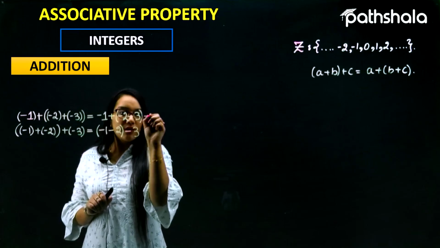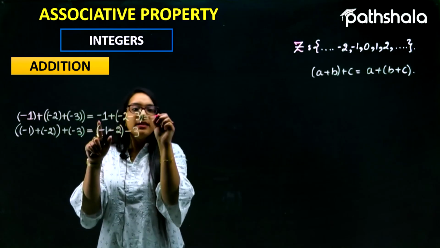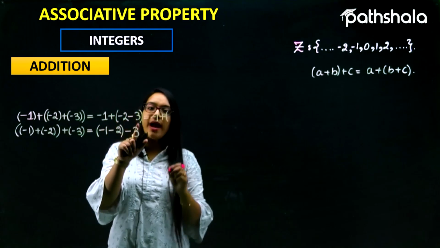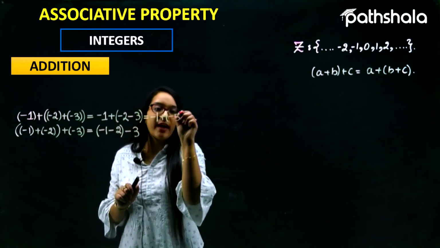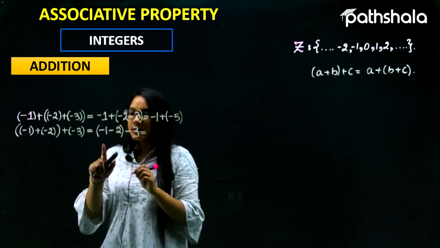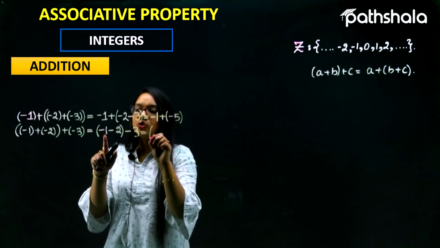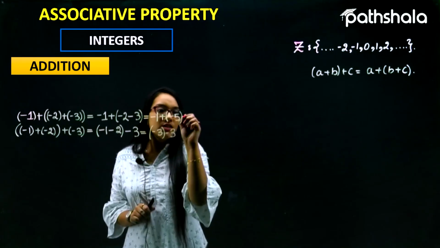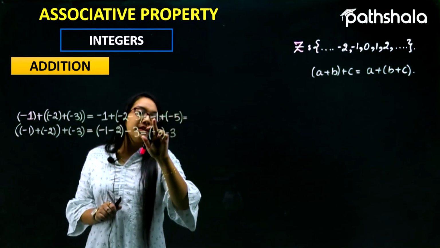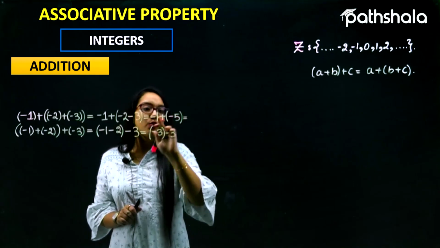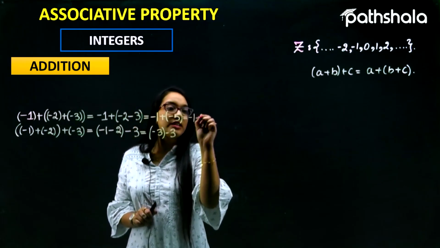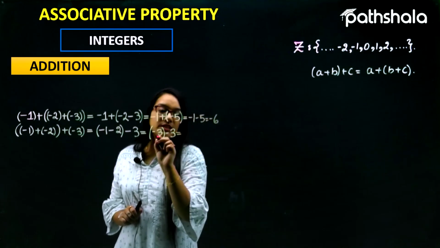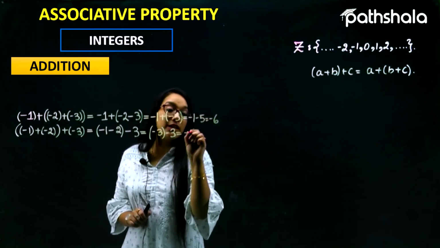Let's solve the first one as -1 plus, and we'll solve the bracket -2 -3, which is nothing but minus of 5, and the second one is -1 -2, which is -3, then minus of 3. So the first one is -1 -5, which is minus of 6, and for the second case the answer is -3 -3, which is again minus of 6.